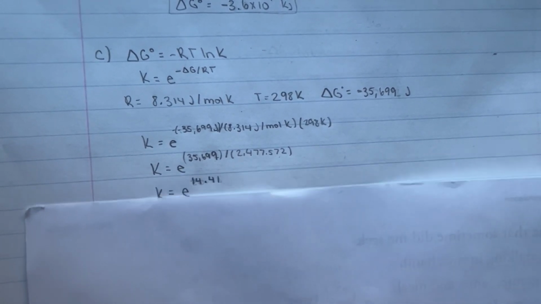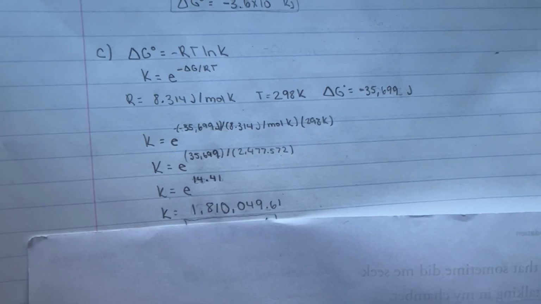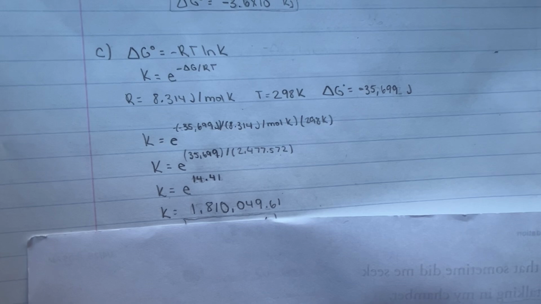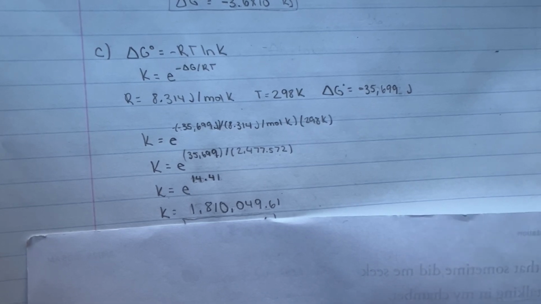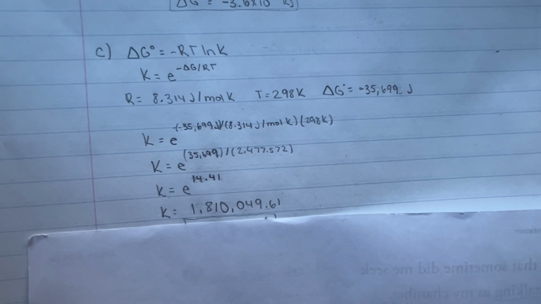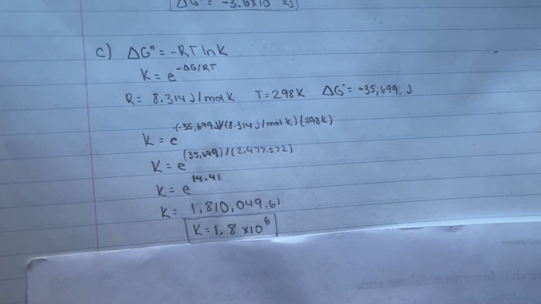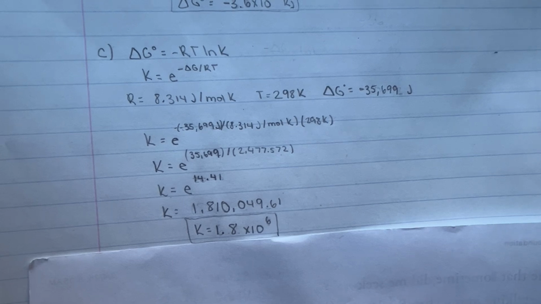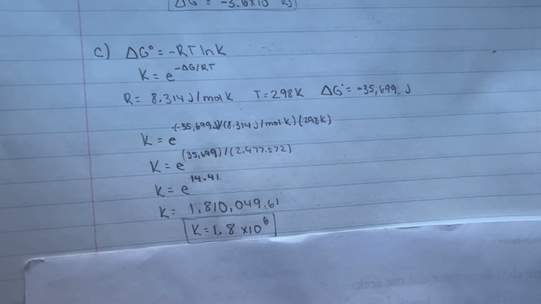Now, finally solving for K, we're going to get K equals 1,810,049.61. We want that in two significant figures and also using scientific notation. So our final answer is going to be K equals 1.8 times 10 to the 6th. K is a unitless value, so we're okay leaving it with no unit.